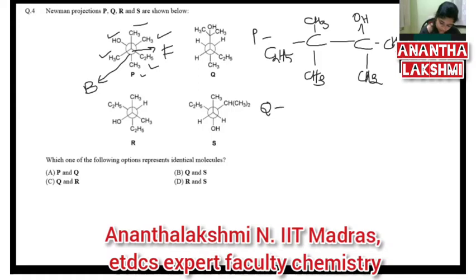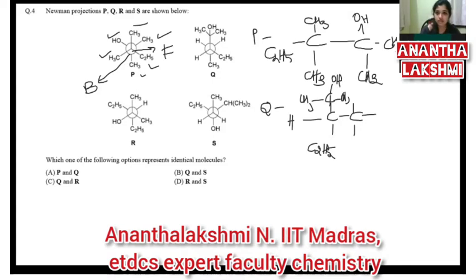Now let's write for Q. Similarly, when we write all this, we'll finally find out. For the front carbon, one group is H, and another group is C2H5. Then we have this group, C with CH3, CH3, and OH.